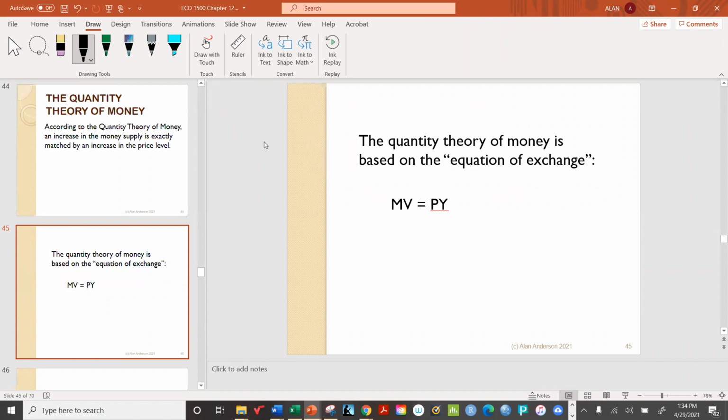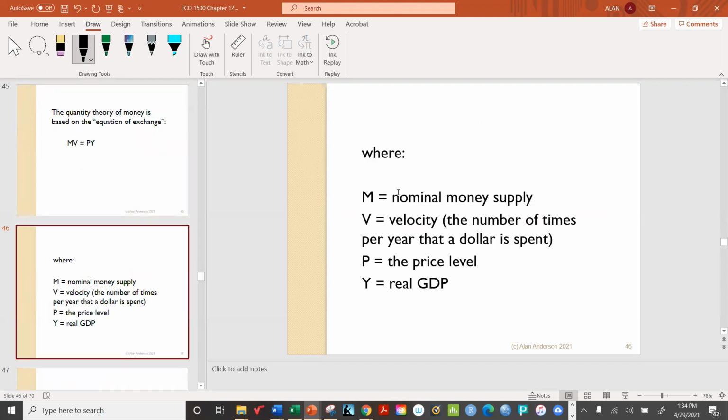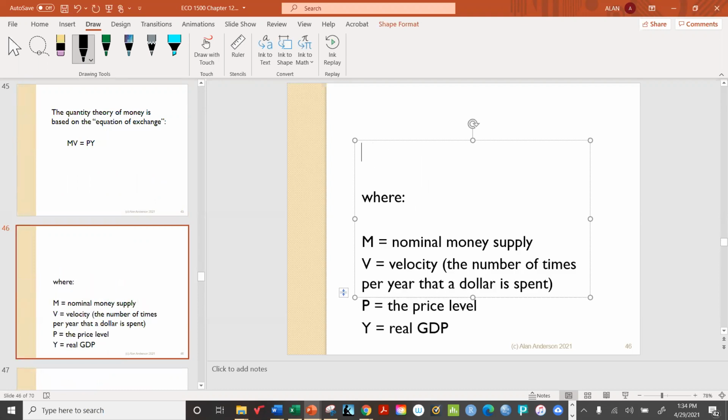And what is it telling us? All right, well, that's a good question. MV equals PY. So let me copy this onto the next slide so we can see what we're doing. MV equals PY. M is the nominal money supply.